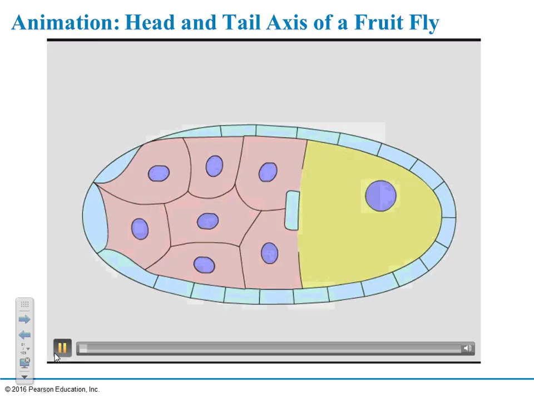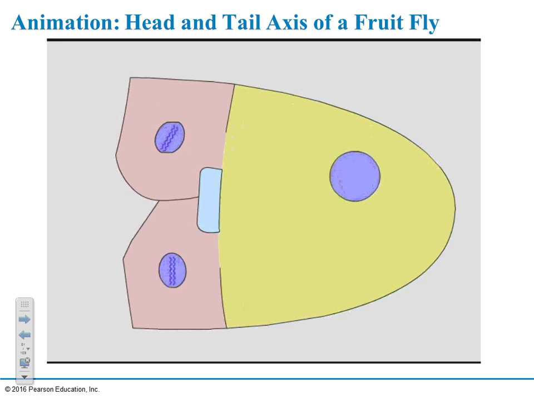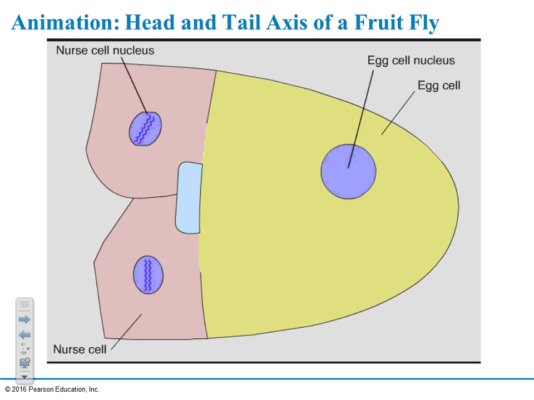Over the last few years, research has shown that mRNA molecules in the unfertilized egg of Drosophila determine the embryonic axes and future body plan of the fruit fly. The mRNA molecule that specifies the anterior-posterior head-tail axis of the embryo is transcribed from an egg polarity gene which codes for a protein called bicoid.